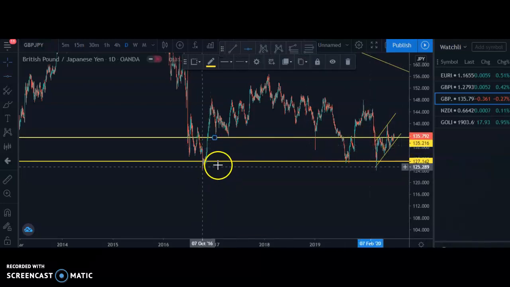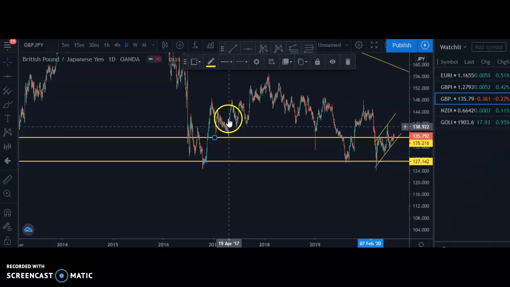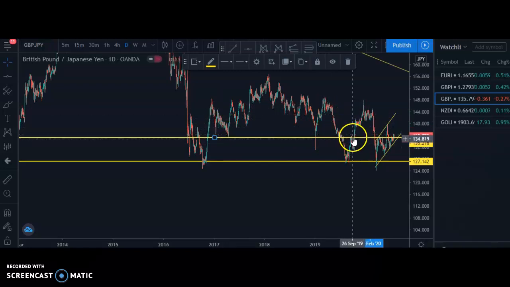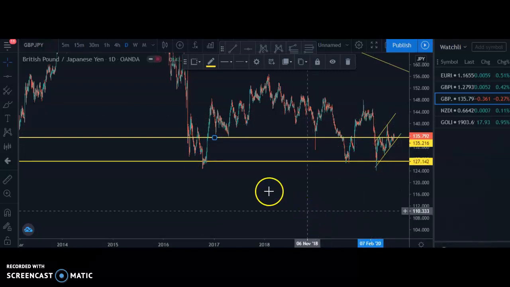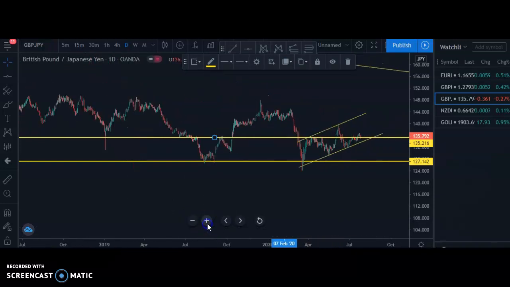You see, the market touched this point, it touched this point, it touched this point, and bounced. They all bounced back. The market touched this point, was a reversal upwards, touched this point, reversal, touched this point, a little bit of reversal, but broke through. But that still qualifies it to be a pretty strong level for us to take advantage of.